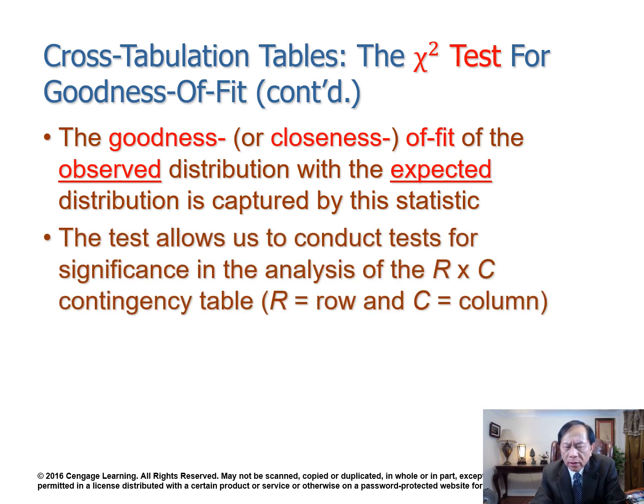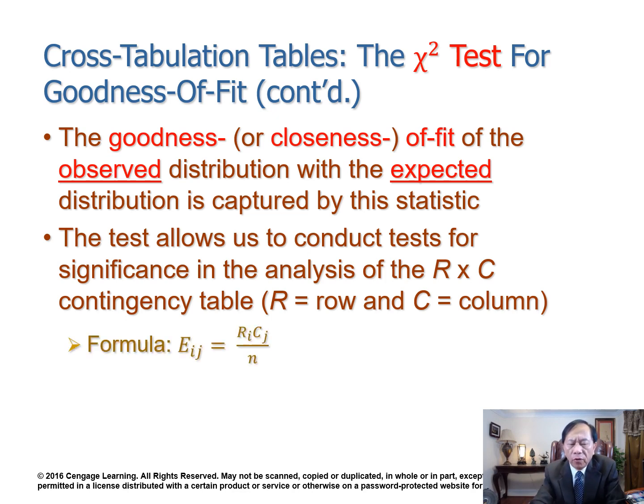The test allows us to conduct tests for significance in the analysis of the R times C contingency table. R is the number of rows you have, and C is the number of columns you have. Let's say 2 by 2: R is 2, C is 2, two rows and two columns.